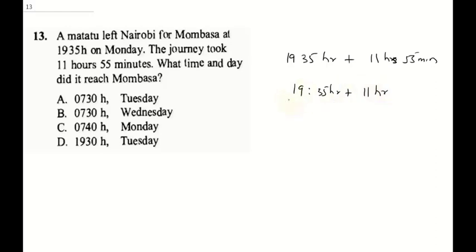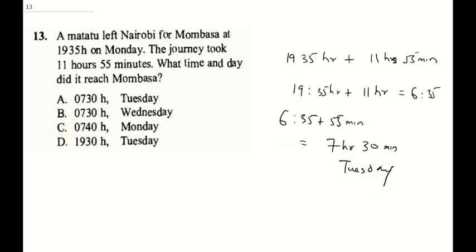When you add 11 hours to 19:35, it will take you to 6:35 the next day, that's Tuesday. Then when you add 6:35 plus 55 minutes, this will give you 7 hours 30 minutes on Tuesday. So the correct answer here is A. I'll tick my A.